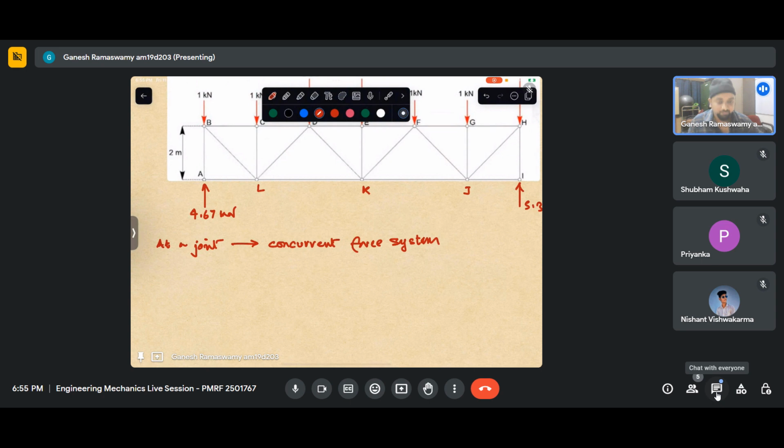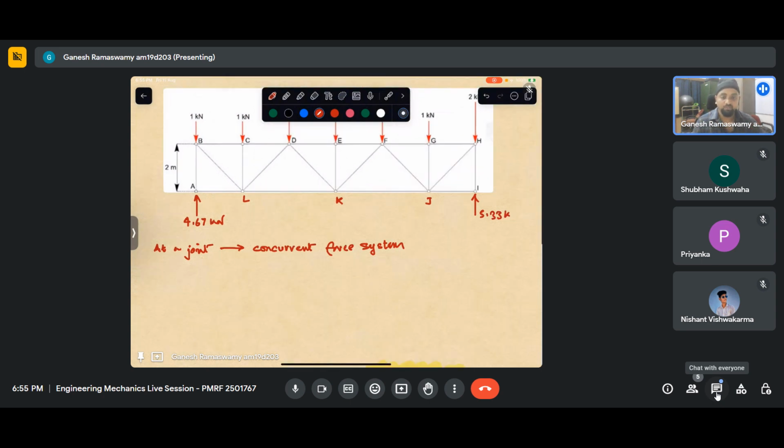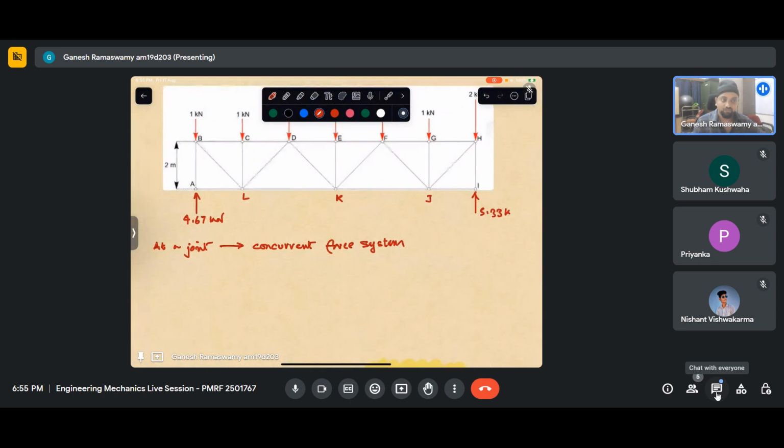Which implies that we have only two equilibrium equations that will give us useful answers, namely sigma fx equaling 0 and sigma fy equaling 0. And mind you, we are speaking only about planar trusses as of now. So at a joint, we have only two equilibrium equations, which means we can at best solve for two unknowns at a joint.